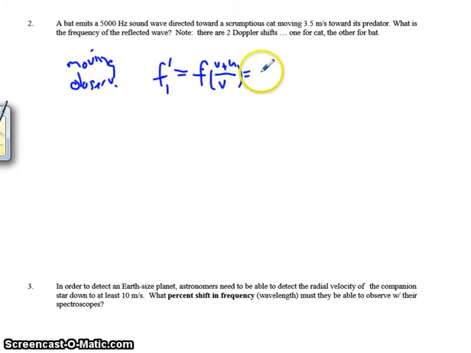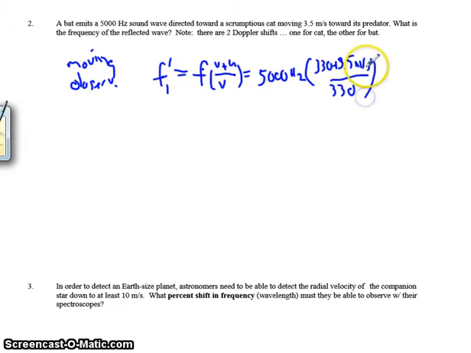So that's going to equal the 5 kilohertz times v, which we'll take as 330 meters per second, plus this small adjustment for the moving cat, all over 330. Plug and chug, and we get 5,053 hertz is what the cat observes.